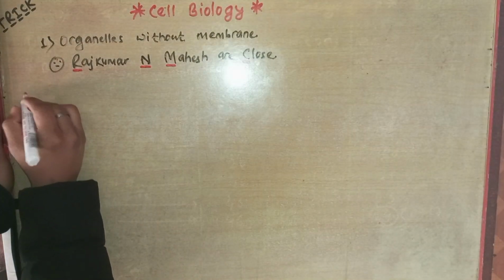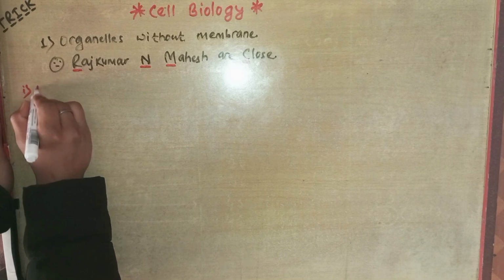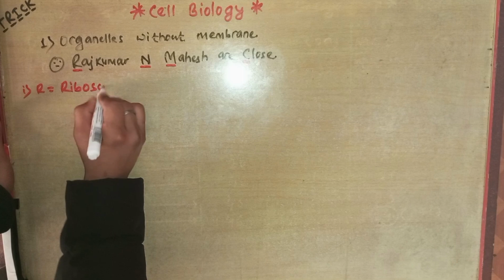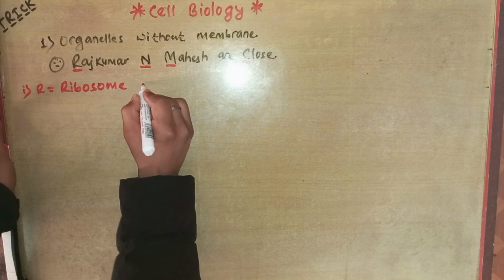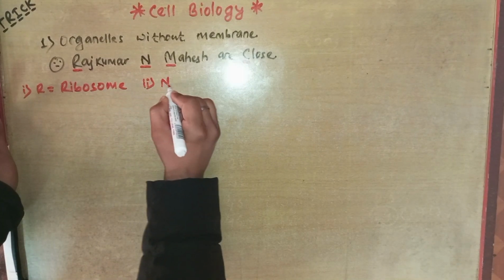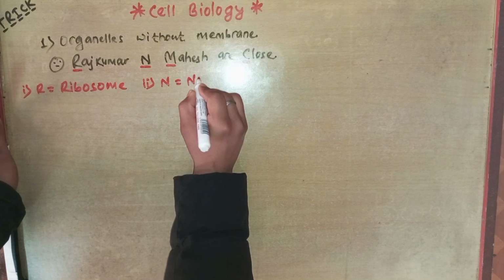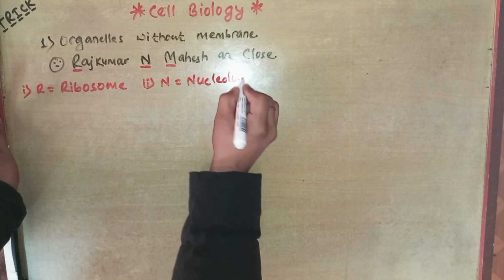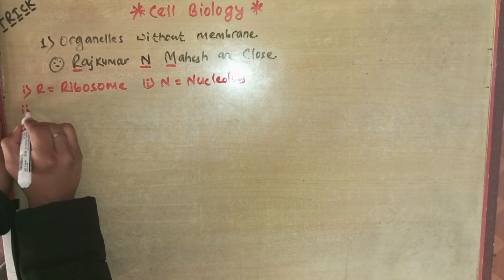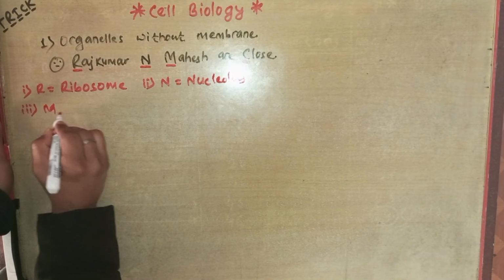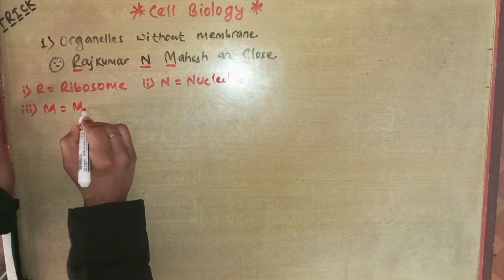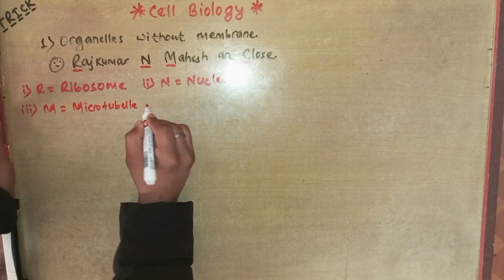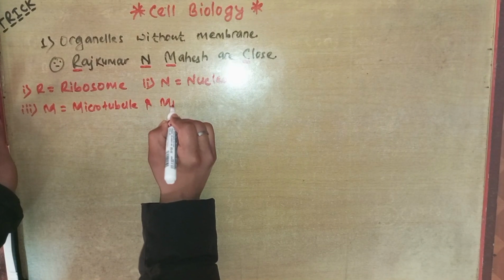First, we have R. R means ribosome. Second, we have N. N means nucleolus. Third, we have M. M means microtubule and microfilament.